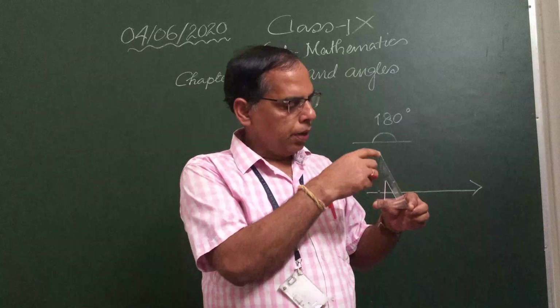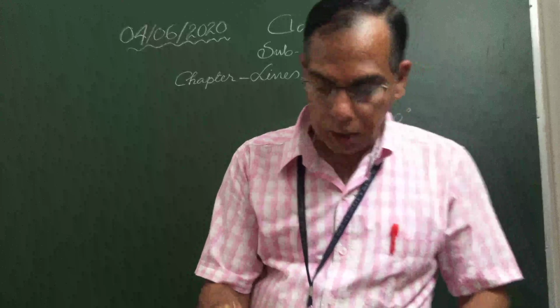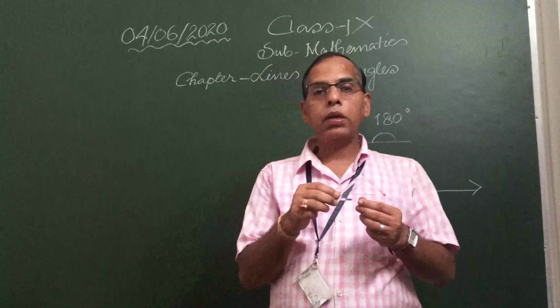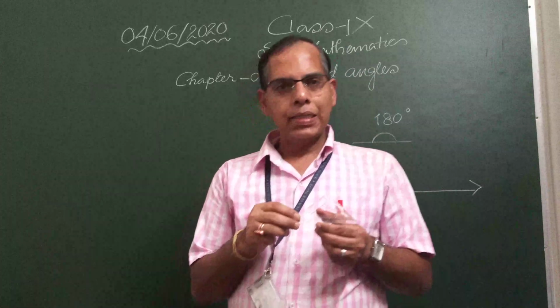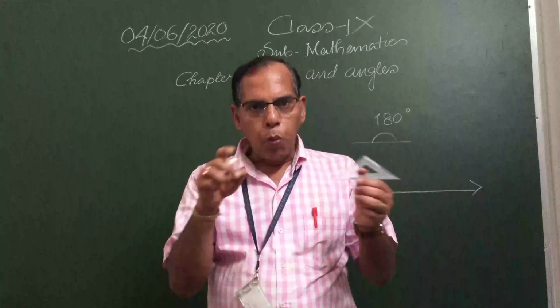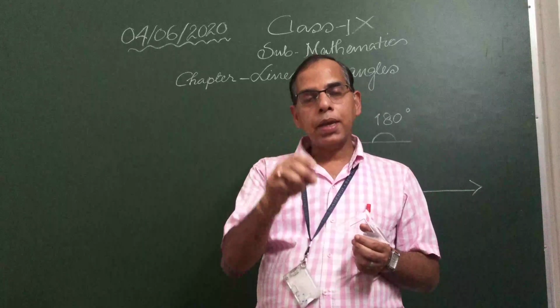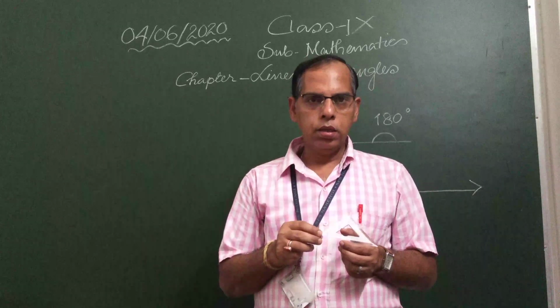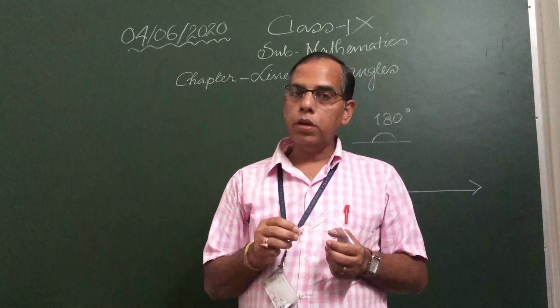So each and every angle should be measured properly. Or suppose this is an equilateral triangle. You know the chess board, each box is a square, so each angle should be 90 degrees. So these are the applications in our day-to-day life.